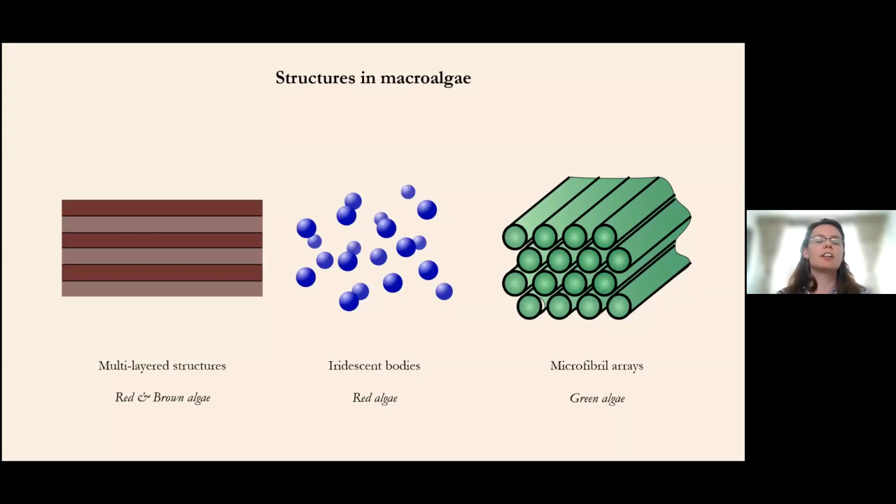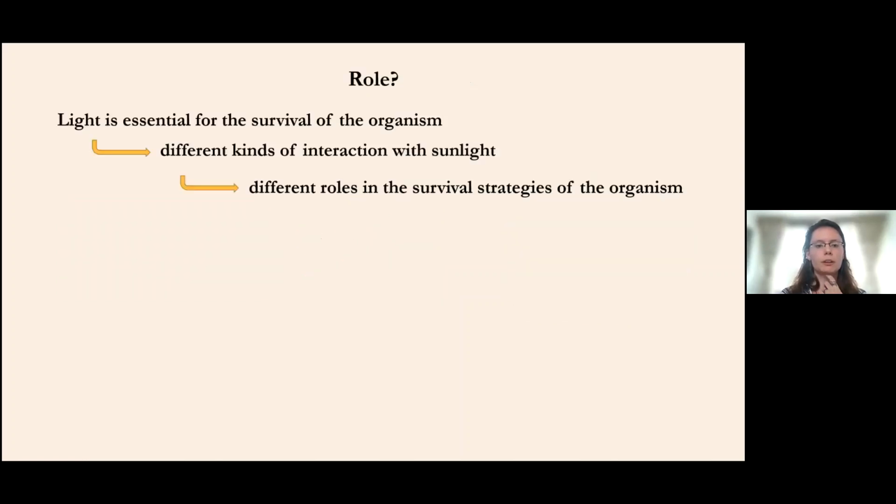So there are different structures that cause iridescence in macroalgae. There's a multilayered structure, which we find in both the red and the brown algae. There are the iridescent bodies, which we find in the red algae only, and the microfiber arrays, which we only find in the green algae. So all of these have a specific interaction with light, which we can expect to be different.